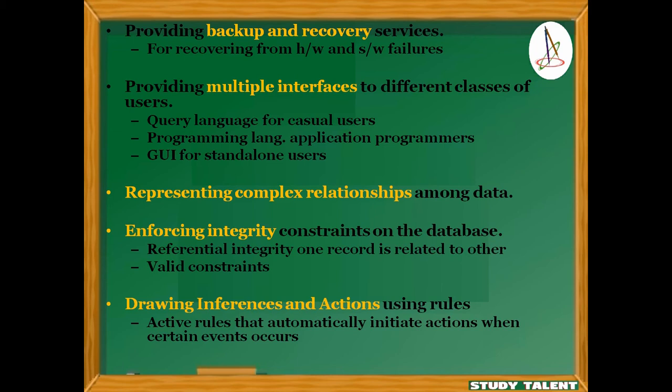For example, a student name, roll number or student record can be updated with the help of the student grades, and that grade can be calculated with the help of different kinds of formulas. Then scholarship information may be associated with our student record, and as the scholarship information is updated, it can be automatically updated in our DBMS records. That is how it provides complex relationships among the data.